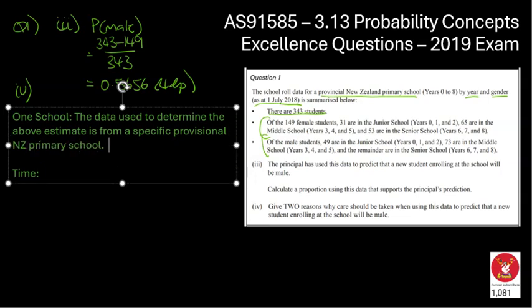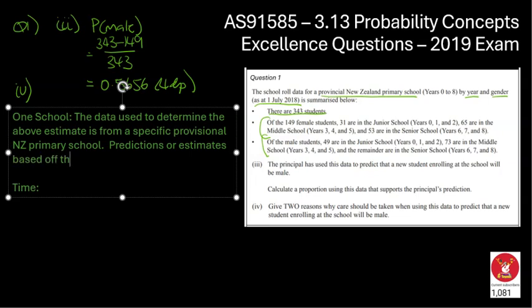So that's the first issue I've got. And I think predictions based off this may not be valid for other schools. So predictions or estimates based off this data may not be valid for other schools.